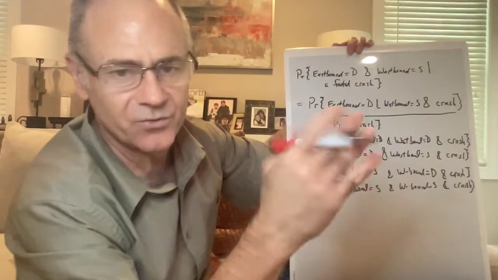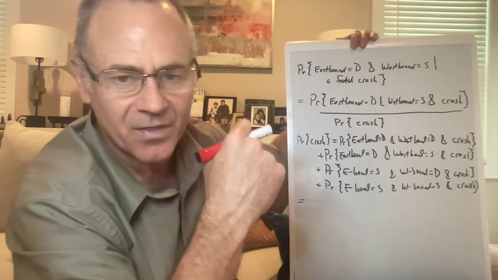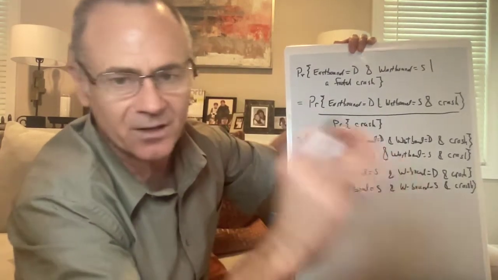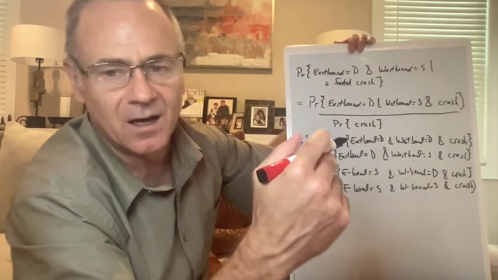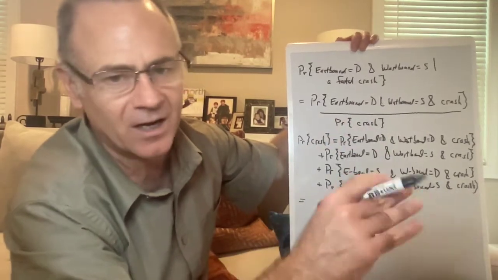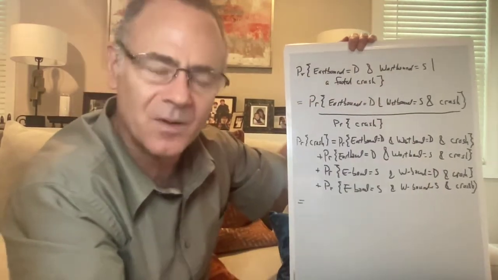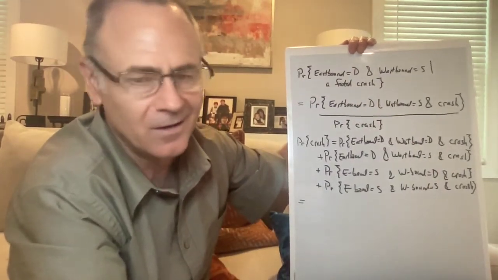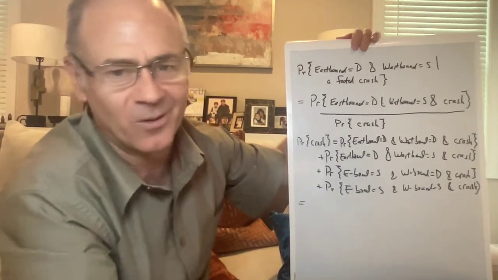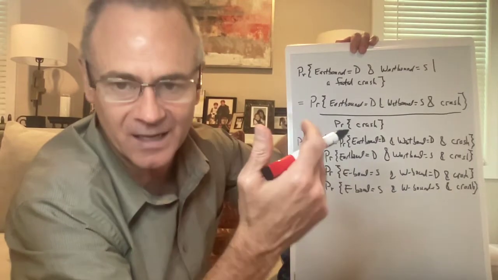By the way, these two drivers are independent. Given a particular time at night, given that the eastbound driver is drunk, we're going to assume that tells you nothing about the probability that the westbound driver is drunk. Maybe that's not good because they could be in a particular part of town where people are more drunk. But let's ignore that. Let's assume everything is independent.